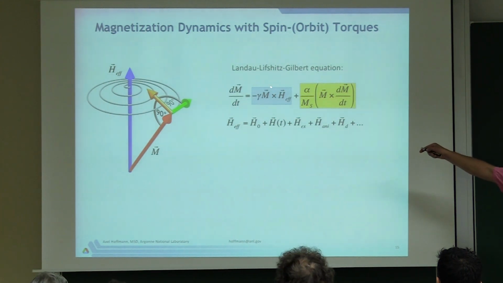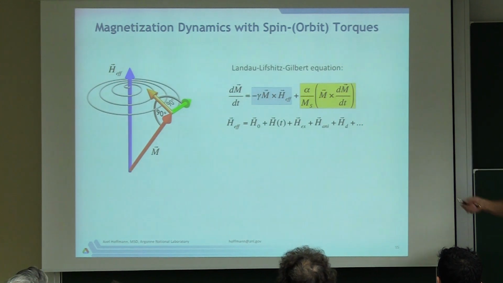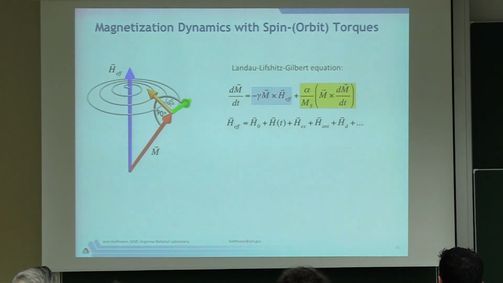The main part is that you have the magnetization on which there is a torque given by an effective field, which consists of lots of terms: the fields that you apply, the internal fields that you may have due to anisotropies or interaction with nearby magnetization, and so on. But in essence, the magnetization then precesses around this field that the magnetization sees.